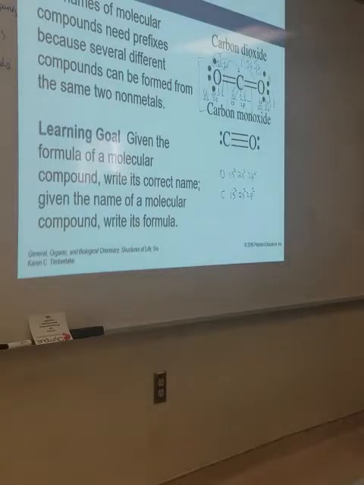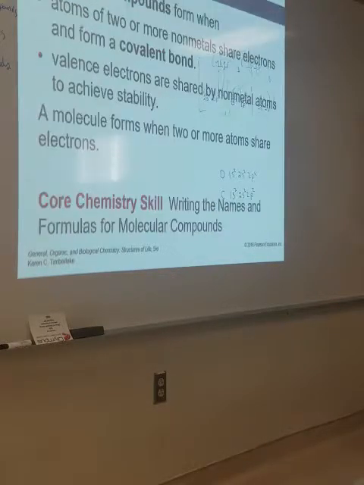So in ionic compounds we have ionic bonds, and in covalent compounds we have covalent bonds. Now, in the naming of covalent compounds, the name is a lot easier because all we have to do is use prefixes. That prefix lets us know how many atoms of each element we have.